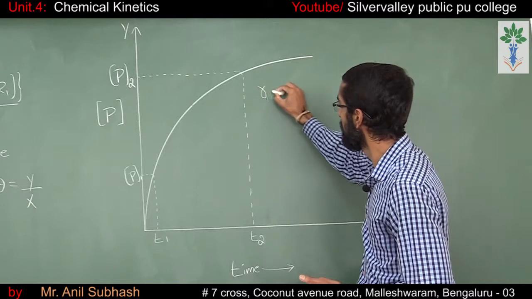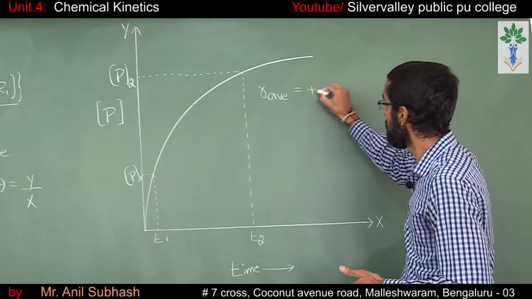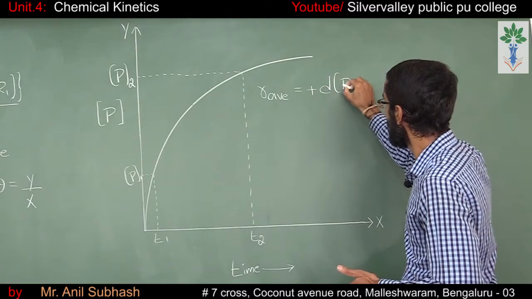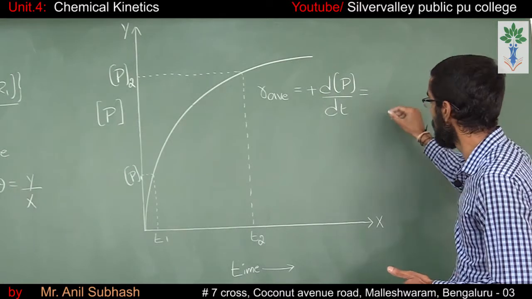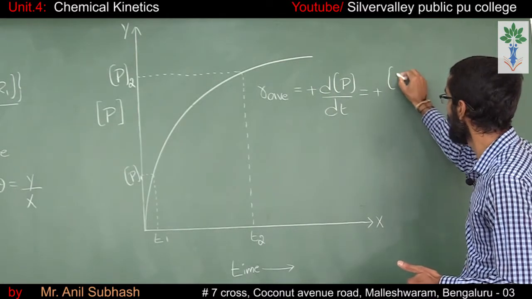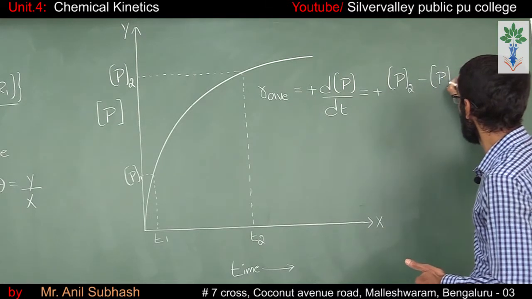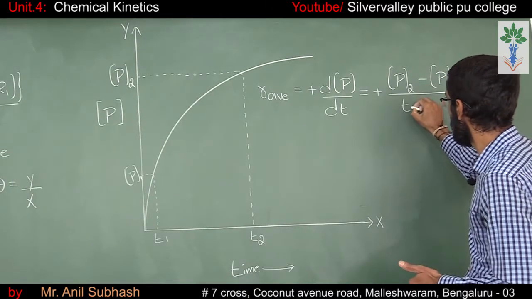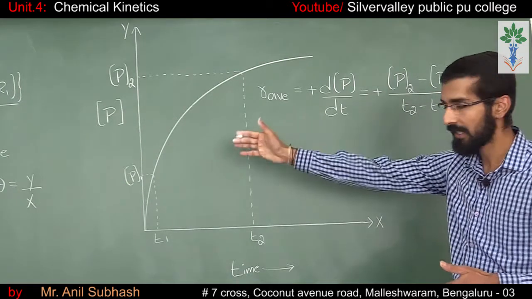Now, average rate is given by plus dp by dt, that is equal to plus P2 minus P1 by T2 minus T1, which are found graphically.